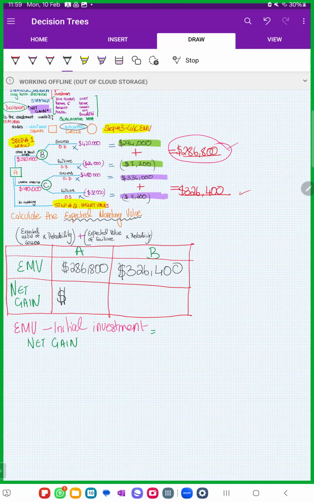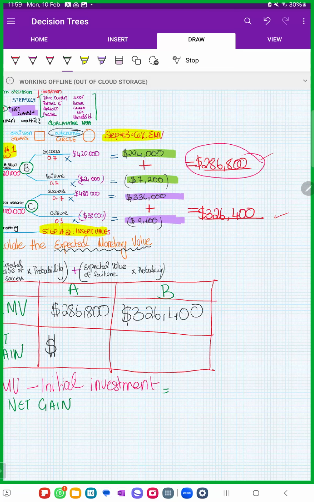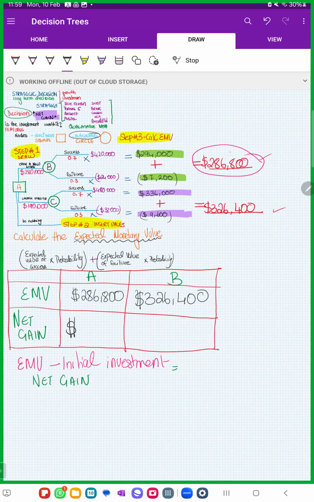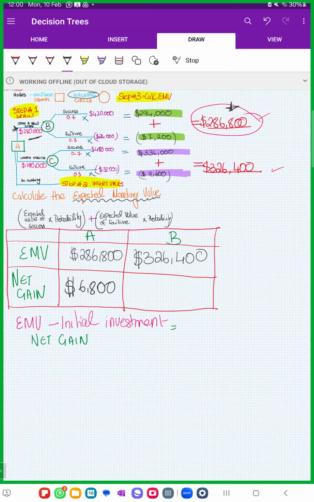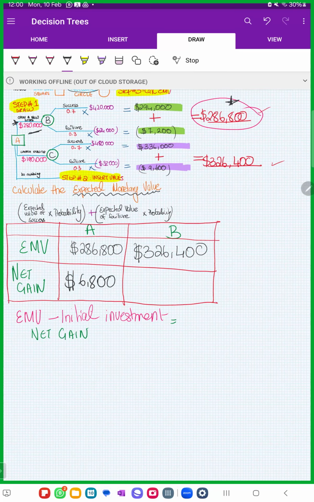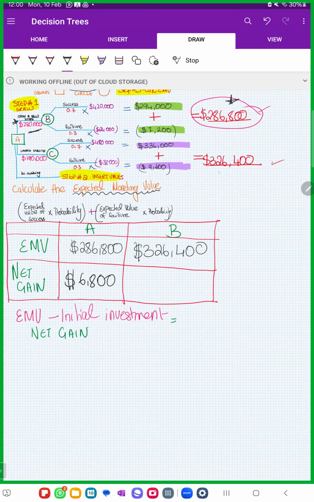Are you following me? Yeah. I just took this number and minused it with this number and I got 6,800. So my net gain for this is 6,800. Okay? And then for option B, you tell me the answer.